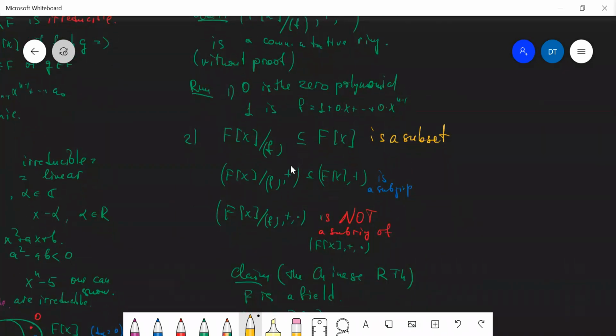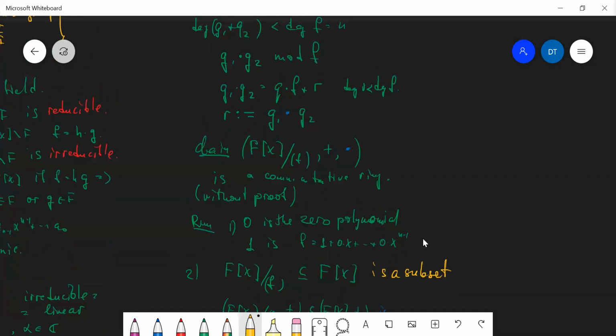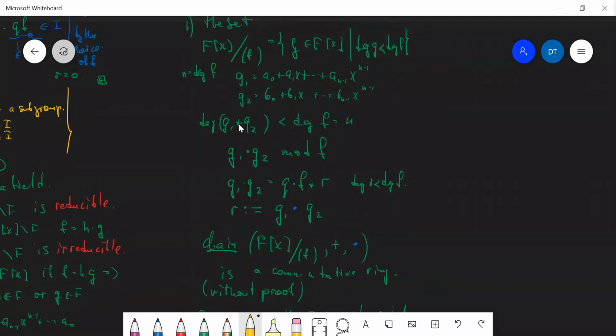Then, if you take a look at the addition, the addition was defined as the usual addition of polynomials. So this subset becomes a subgroup with respect to addition.